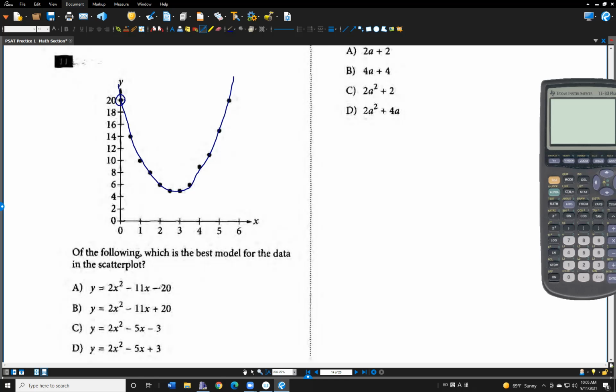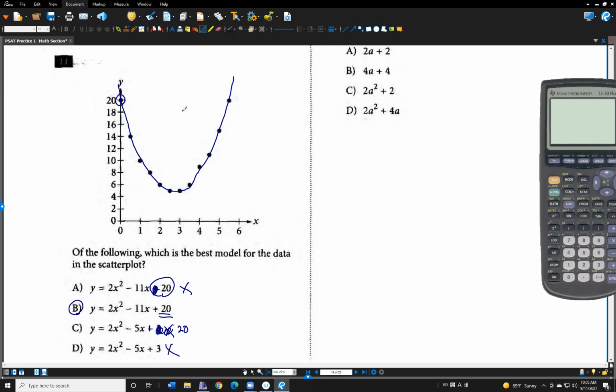This is not 20, this is negative 20, not correct. This is 20, correct. This is not correct, this is not correct. Only this point, we can choose the answer B, right? If this is negative 20, then a positive 20.